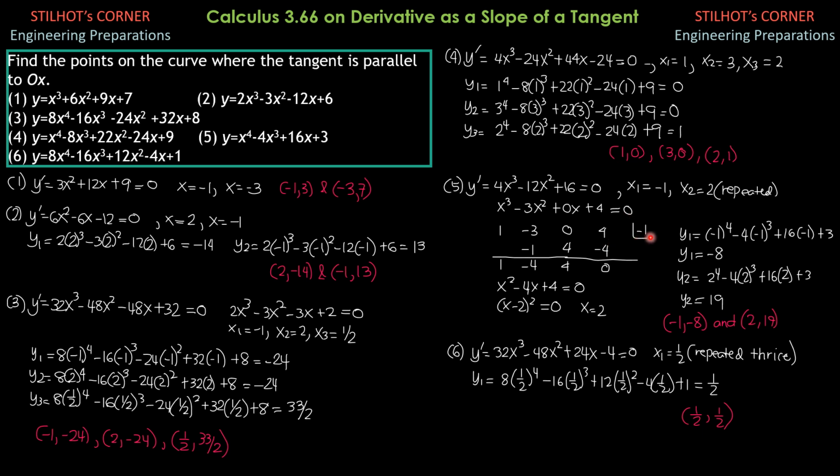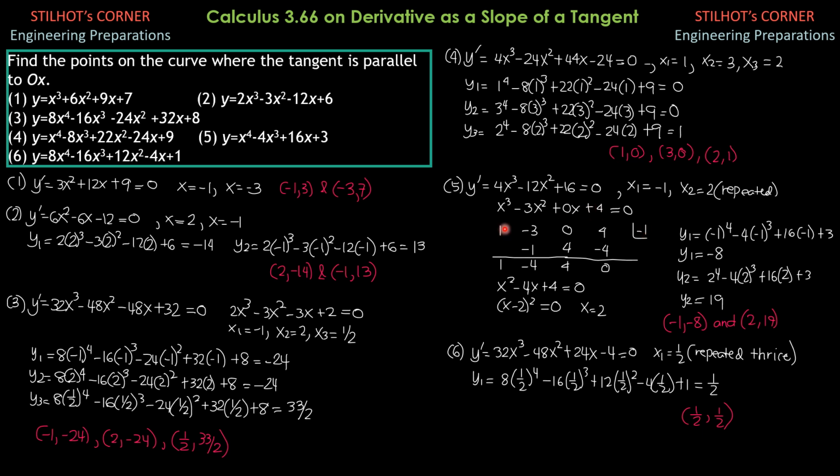Let's try a root of -1, although the possible roots would be factors of 4: -1 and -4, for example, 1 and 4, 2 and 2, -2 and -2, and so on.